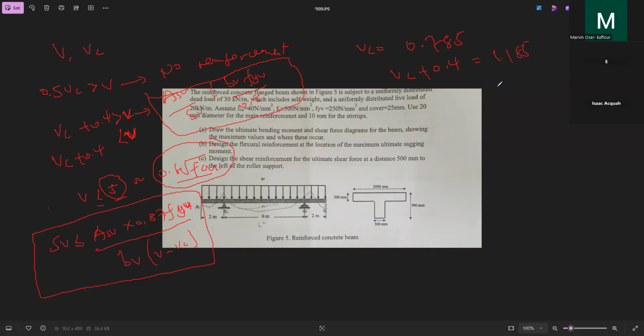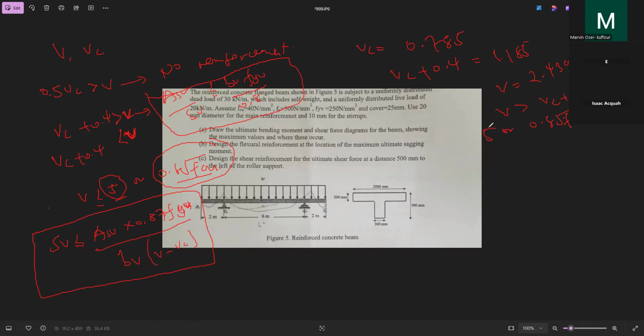And what is our V, the small V? The V is 2.439. So you can see that V is greater than VC plus 0.4. And when this happens, we go straight to compare this V to 5 or 0.8 square root of FC.